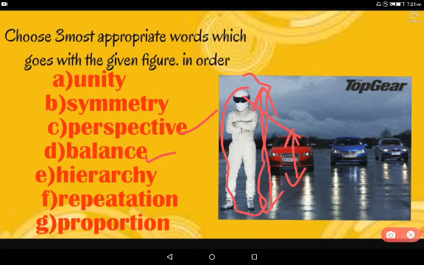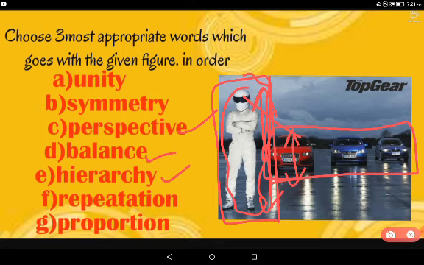And yes, there is hierarchy, because once we see this, the man is the first thing that strikes us, and then the middle ground cars, and then the background. Okay, so there is hierarchy and there's no repetition or proportion much. So first one to go with will be hierarchy, then balance, and then perspective.